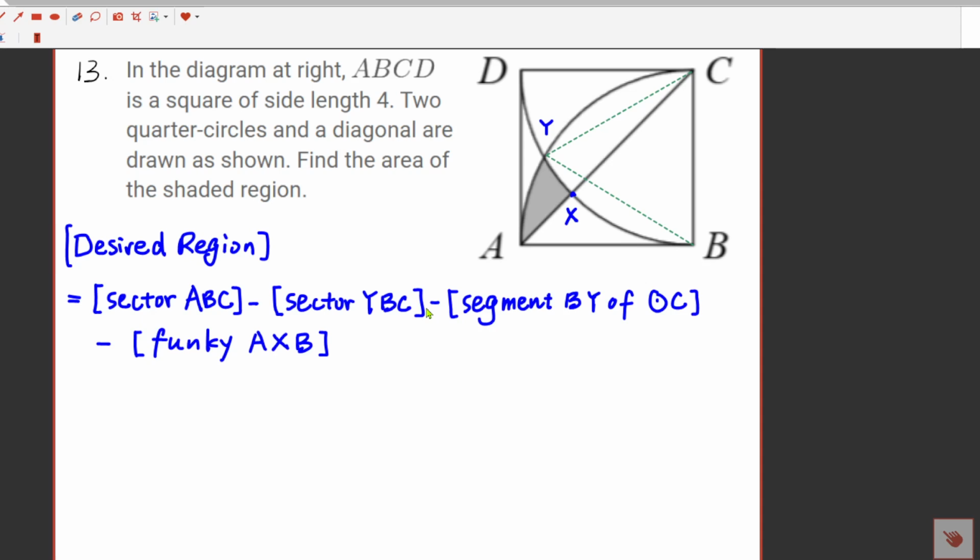So first of all, the area of circular segment BY of circle C equals area of sector BYC subtracted by the area of triangle BCY.